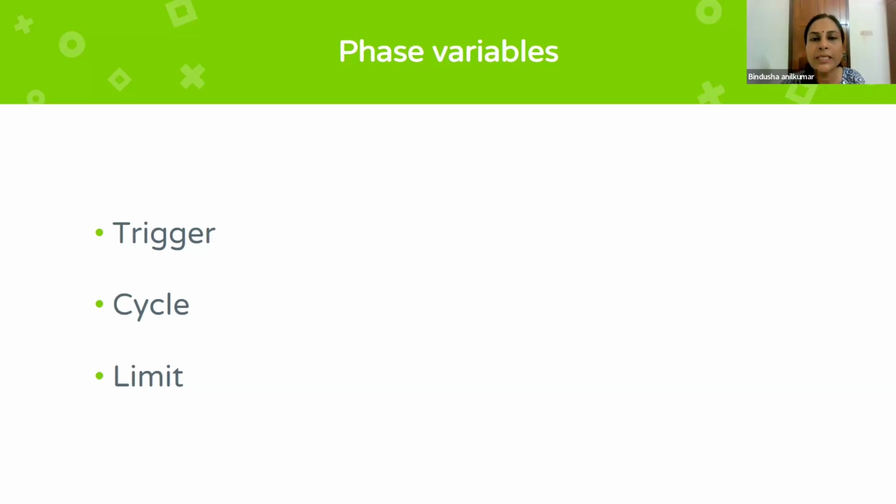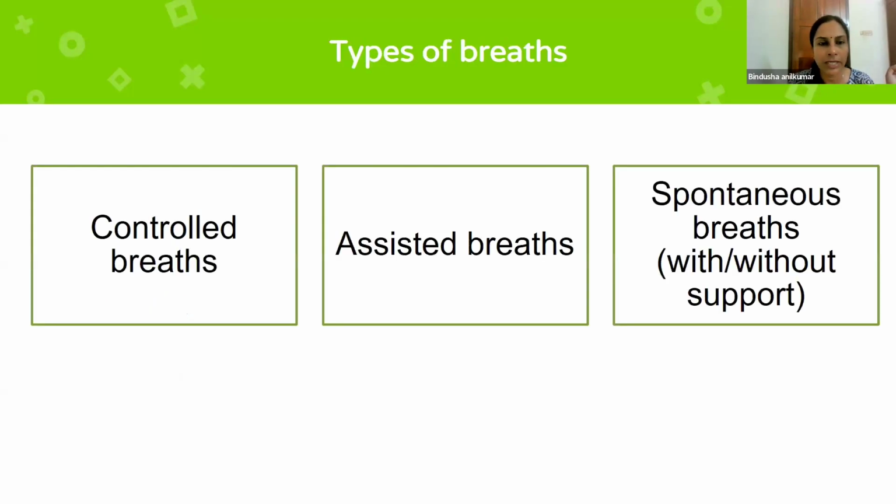The trigger variable determines when to initiate inspiration. When to initiate expiration is determined by the cycle variable, and how much to give, what is the pressure that we give, or what is the tidal volume that we give, will be determined by the limit variable. We will just see what these variables are.